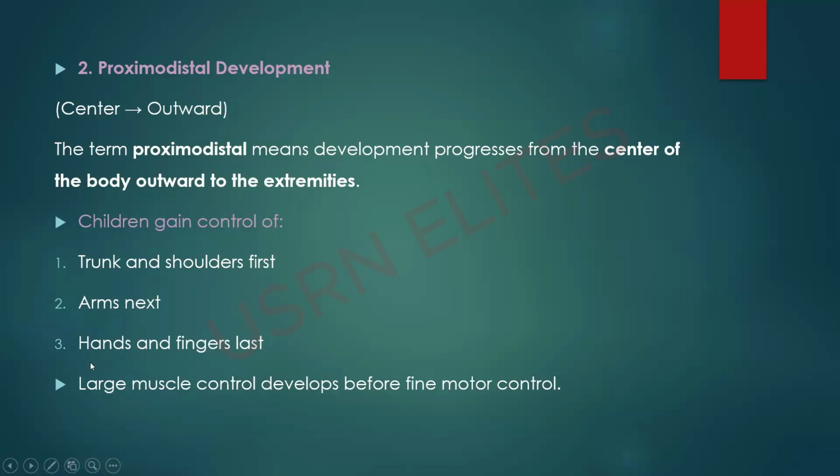You see, after the child is able to sit, getting control of the trunk and the shoulders first, maybe getting control of how to sit, then the arms will follow, for them to be able to move their arms precisely. Then their hands and feet.